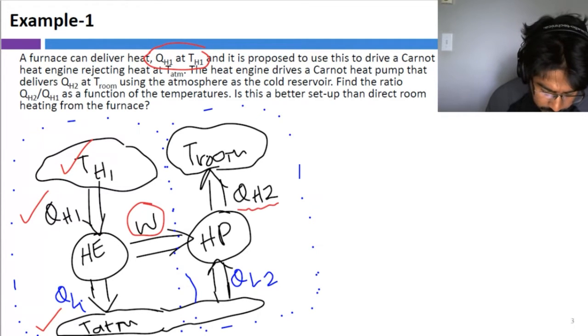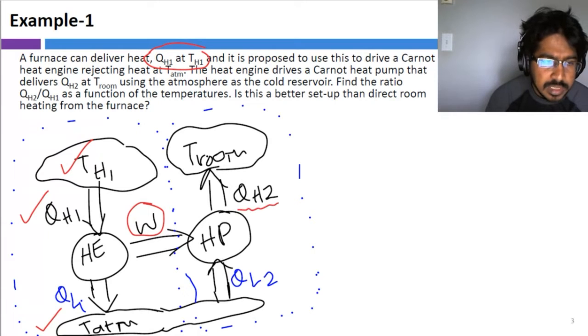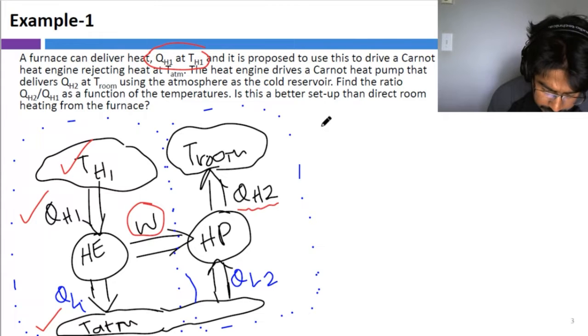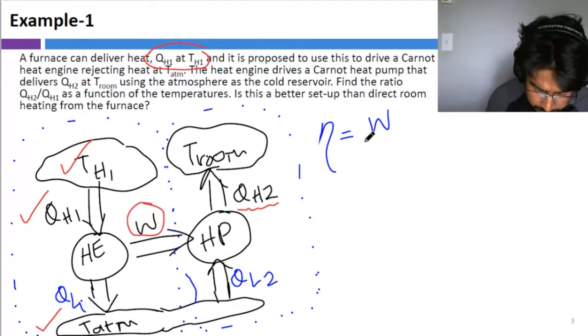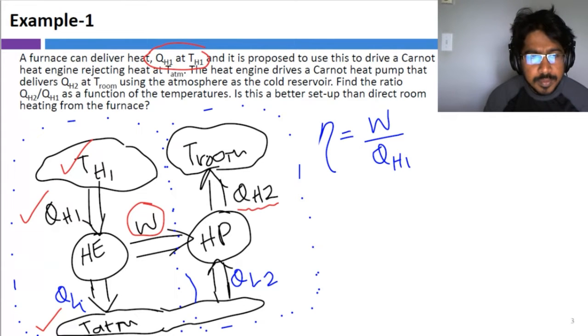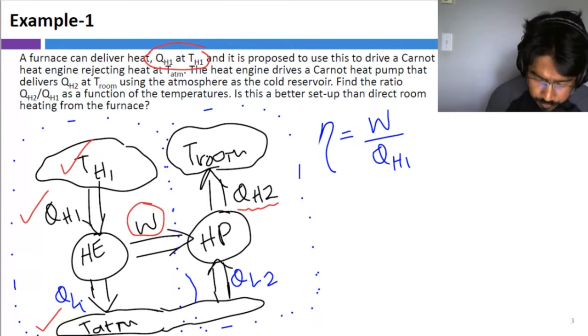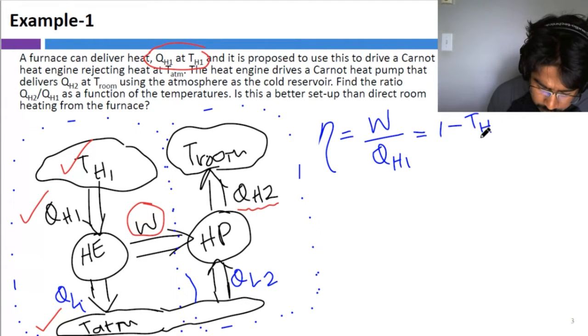And we don't know exactly a relationship between these two parameters straight away, but we know that for heat engine, thermal efficiency can be written as useful work in the heat engine is W, and the work input or energy input is going to be QH1. And at the same time, for a Carnot heat engine, we know that it's going to be 1 minus TL over TH.